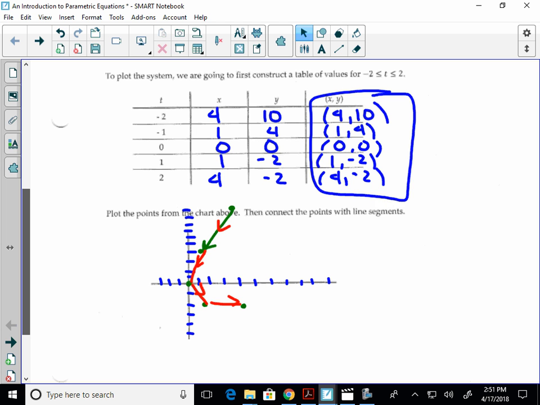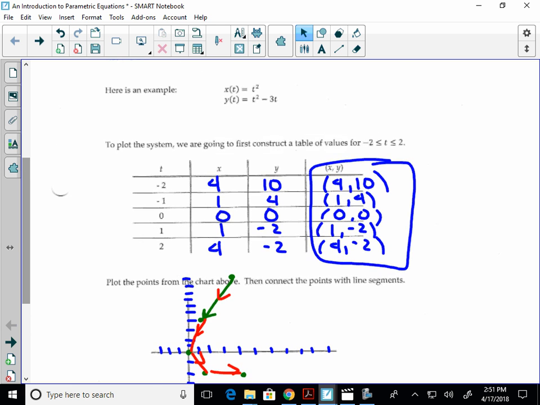Go ahead and go to y equals. You see how you have X sub 1 and Y sub 1? We have 2 equations and we're going to put those in. The T is the same thing as the X on your calculator. So you're going to do T squared. And then you're going to do T squared minus 3T.